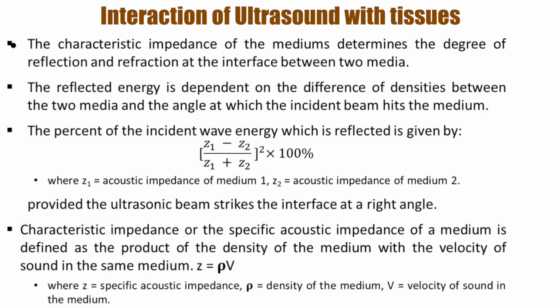Characteristic impedance, or specific acoustic impedance, of a medium is defined as the product of the density of the medium with the velocity of sound in the same medium. So, Z is equal to rho V, where Z is the specific acoustic impedance of the medium, rho is the density of the medium and V is the velocity of sound in that medium.